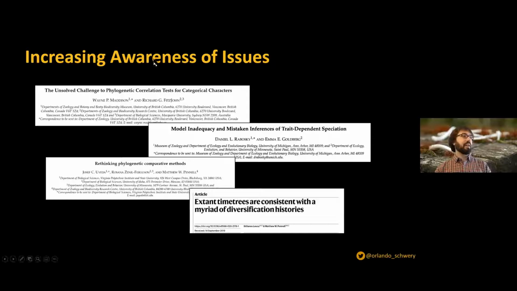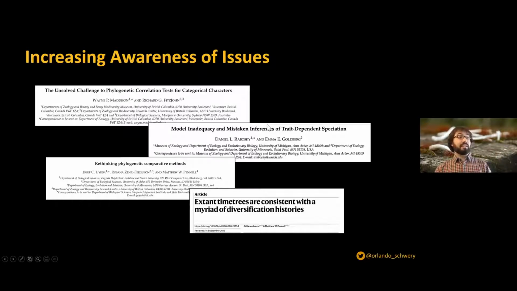Just for a few examples, we found issues like, if we only have one clade that changed the trait and it got a higher diversification rate, that doesn't really allow us to say whether those things are related, because we really just have a sample size of one. We have no replication.